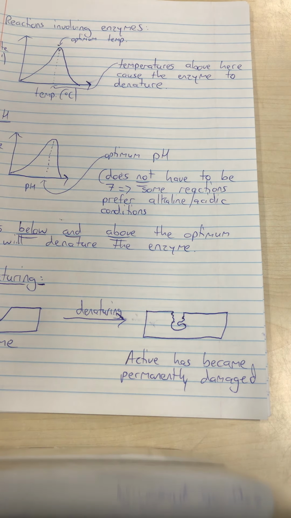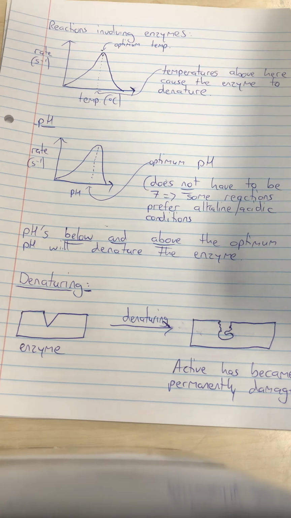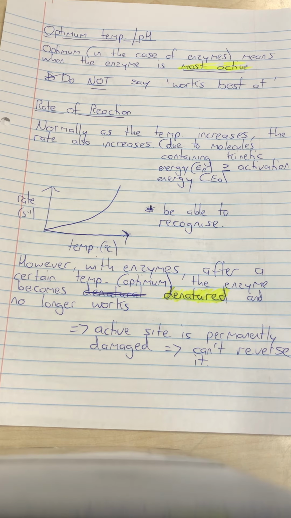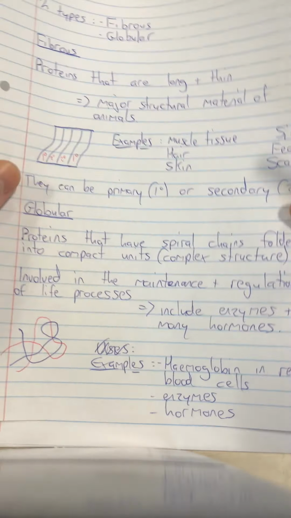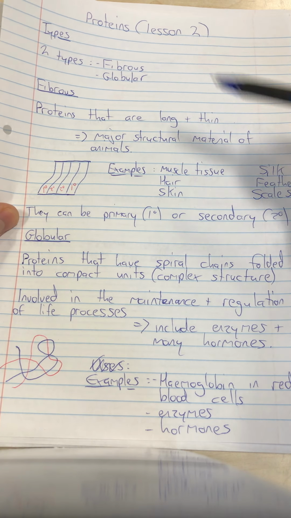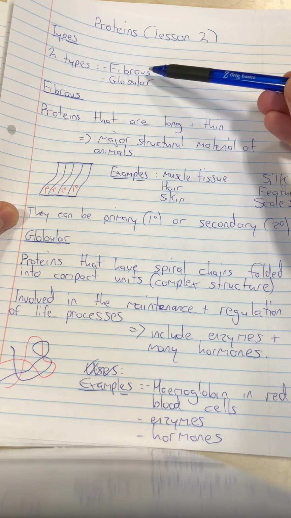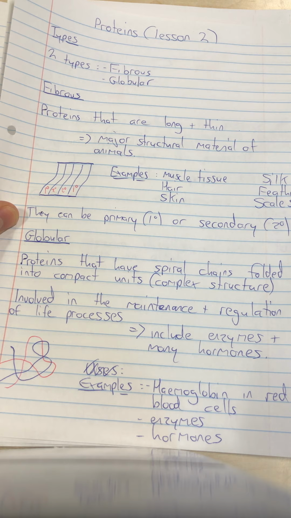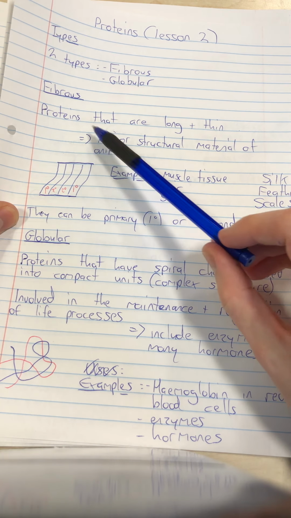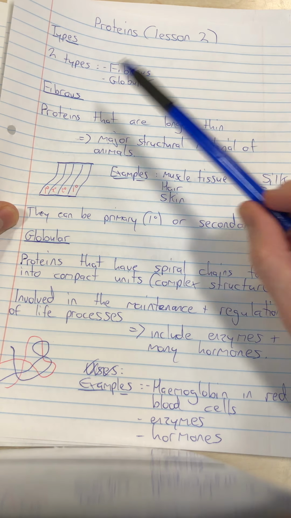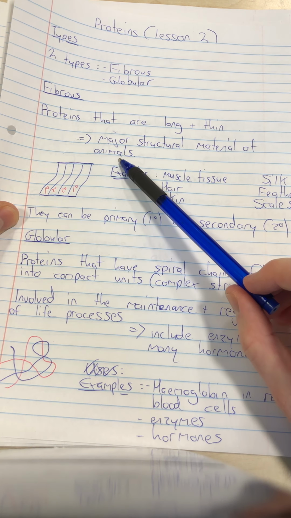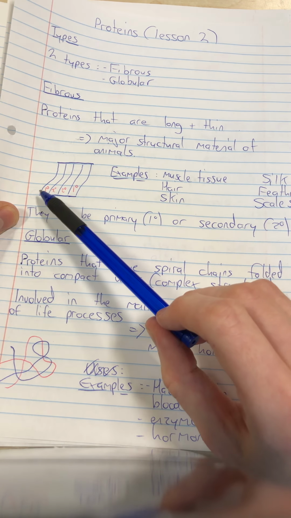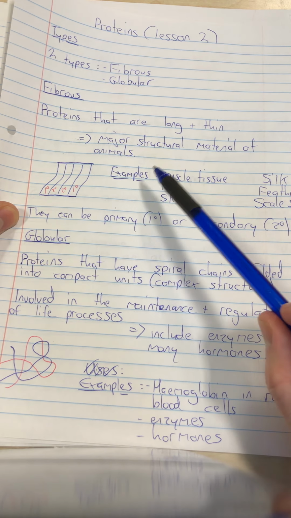So we're just going to quickly recap everything that we've done. Right at the start of the lesson, you learned about two types of protein, fibrous and globular. You need to know the difference between the two. Fibrous: simple proteins, major structural material of animals, long and thin, can be primary or secondary.